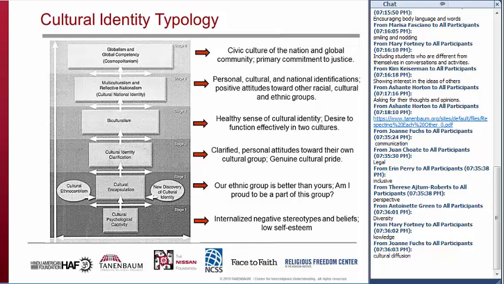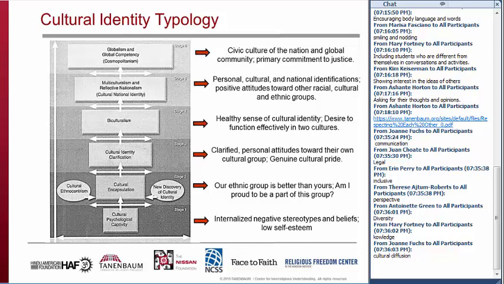In that stage, in that part of the typology, students or individuals will experience internalized negative stereotypes and beliefs, a very low self-esteem in terms of themselves and how they relate to the world. The next phase is called cultural encapsulation.